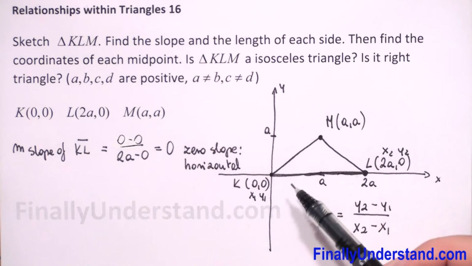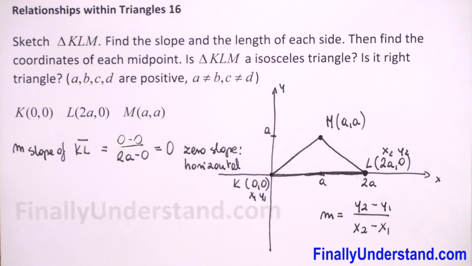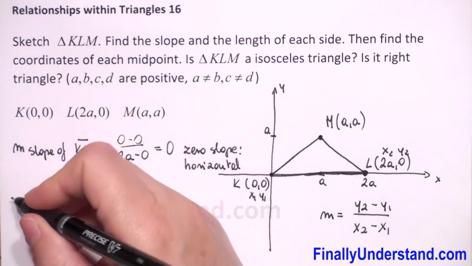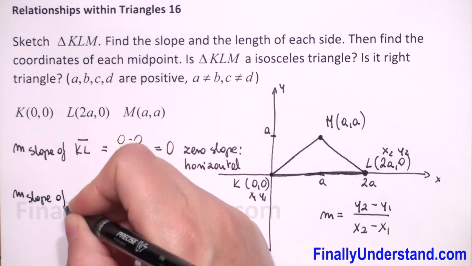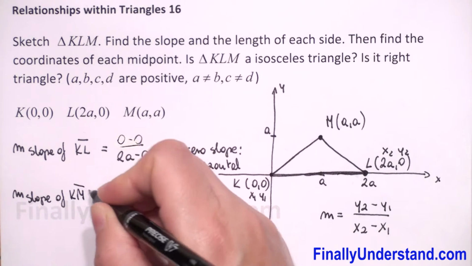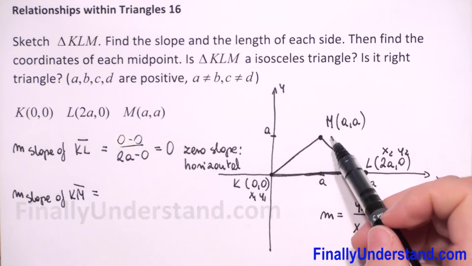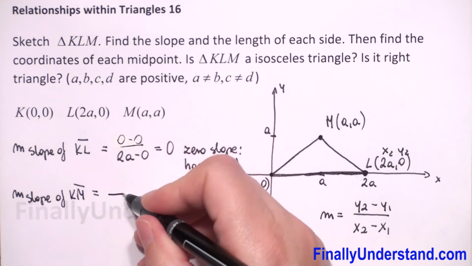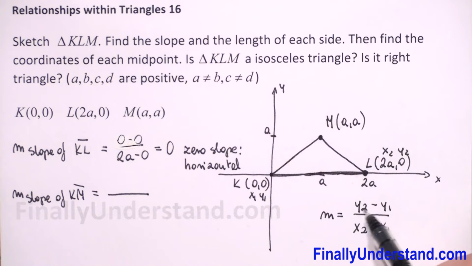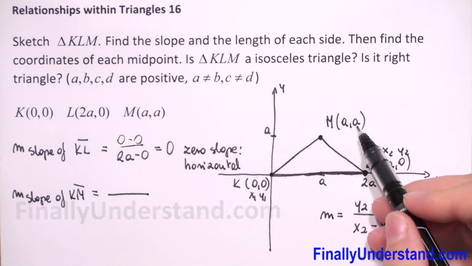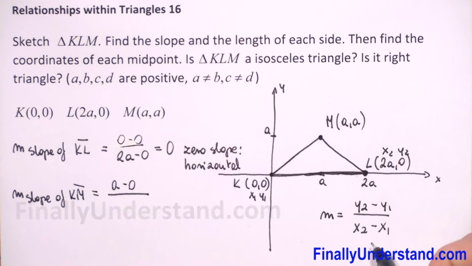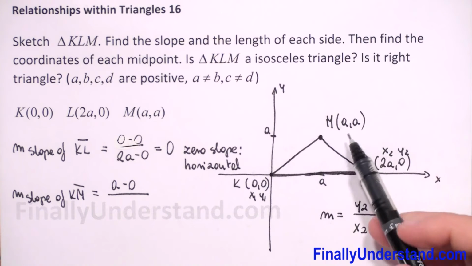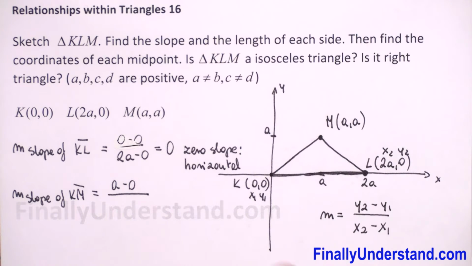Next we will find the slope of KM segment. M is the last, so first in numerator we have to subtract y coordinates, so it will be a minus 0, and in the denominator we have to subtract x coordinates, so it will be a minus 0.